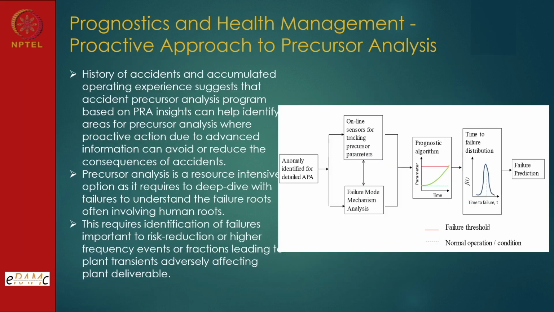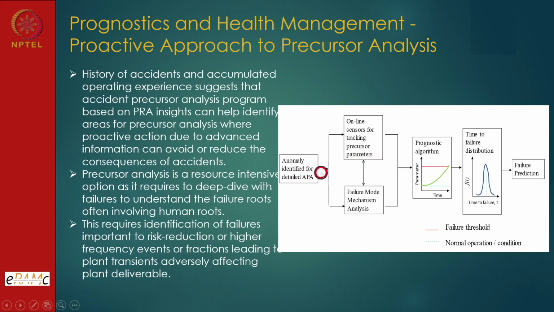Now, as I mentioned, prognostics and health management works on an anomaly identified through this. We have an anomaly here, but failure has not occurred. So what we do is analyze the failure mode and mechanism, and then online sensor data comes in.